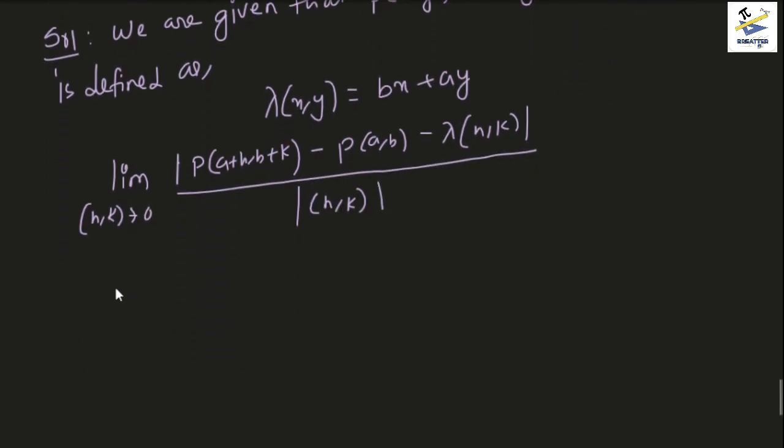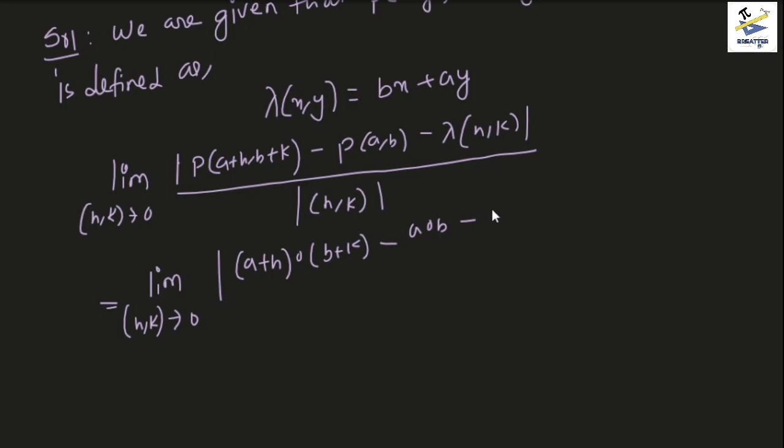Now we understand the function and we can write it as the limit as (h, k) goes to 0, where P of (a plus h, b plus k) becomes (a plus h) multiplied by (b plus k), minus P of (a, b), which is just a times b.